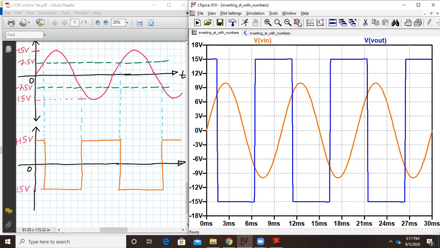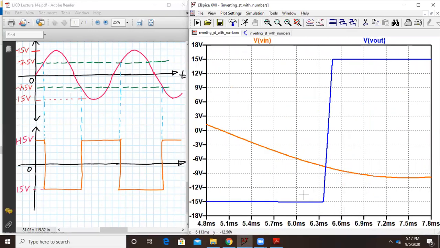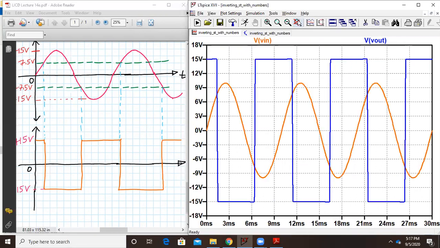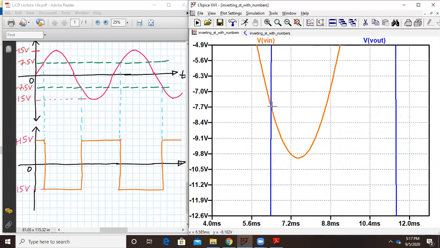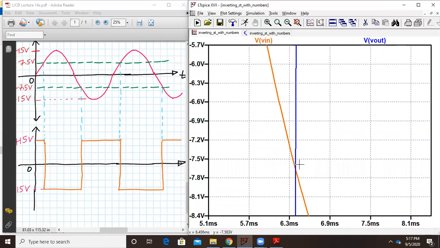The reason being that these lines are not slanted, as you can see, they have a slight slope. So that's why the accuracy will be within 0.1 volt. And how will I verify minus 7.5? Here you can see when the input cuts this minus 7.5, only then does the output state change.